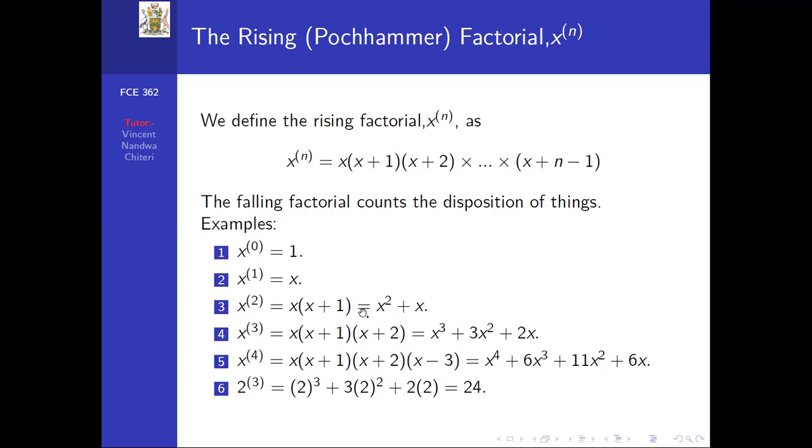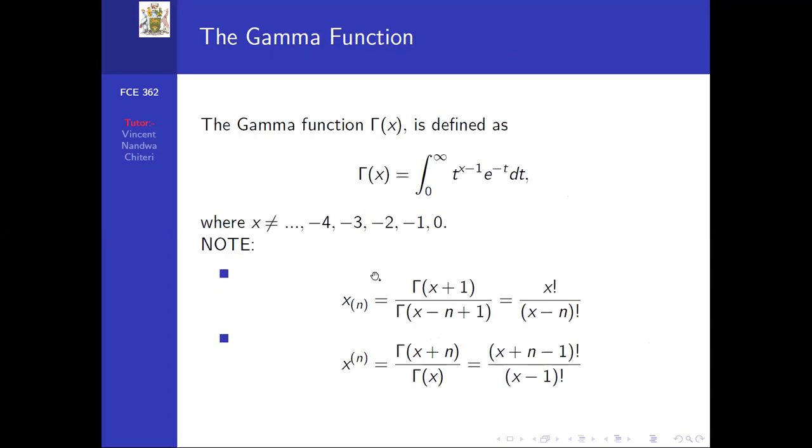And then we now define what we call gamma function. So gamma function of x is defined by this improper integral from 0 to infinity, t raised power x minus 1, e raised power minus t dt, where x is not a negative integer or 0.